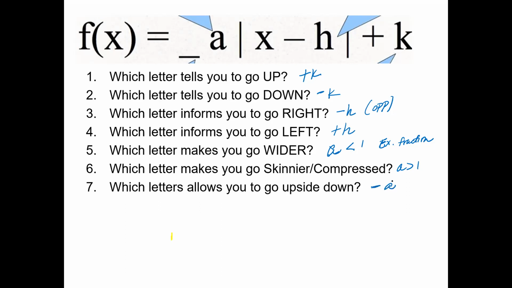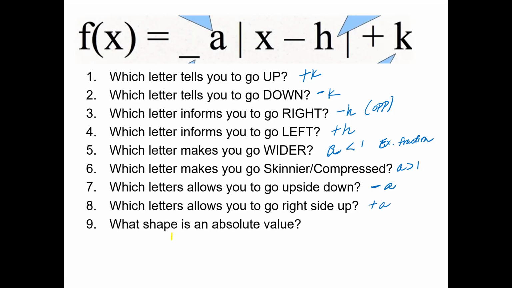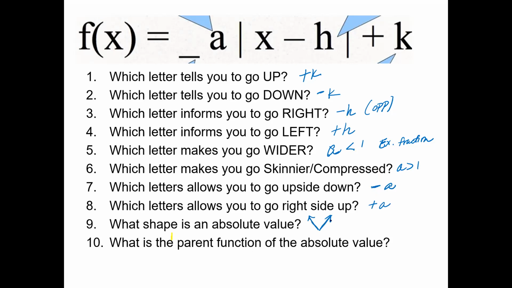If it is a negative A. Which letter allows you to go right side up? If the A is generally positive. What shape is an absolute value? It's always in the shape of a V, like this. And what is the parent function? Parent function f of x is always going to be the absolute value of x. And it always starts at 0, 0.